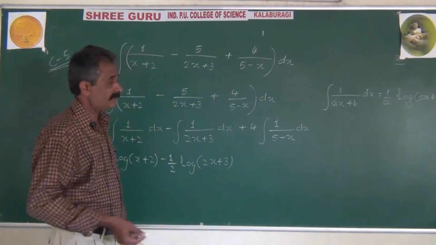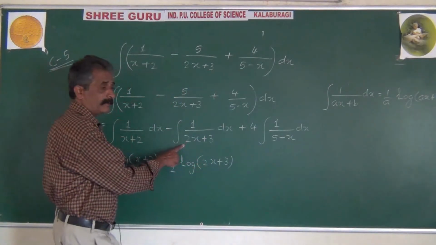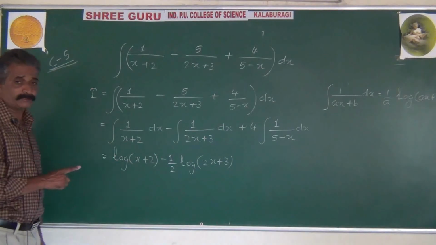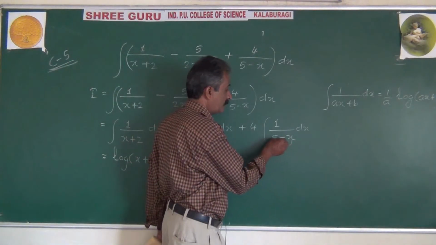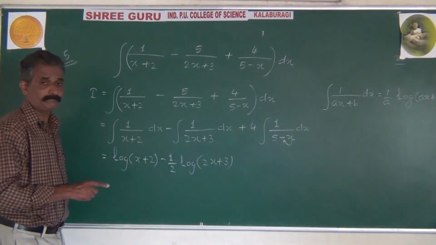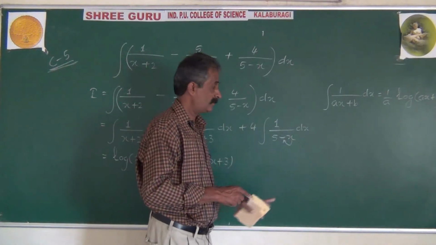But you make the mistake with getting the coefficient of x. Here, what was the coefficient of x? 2, we divided. What was the coefficient of x? 1, not taken care of. But here, importantly, what is the coefficient of x? Minus 1. Because after all, it can be written as 5 plus minus 1 into x.